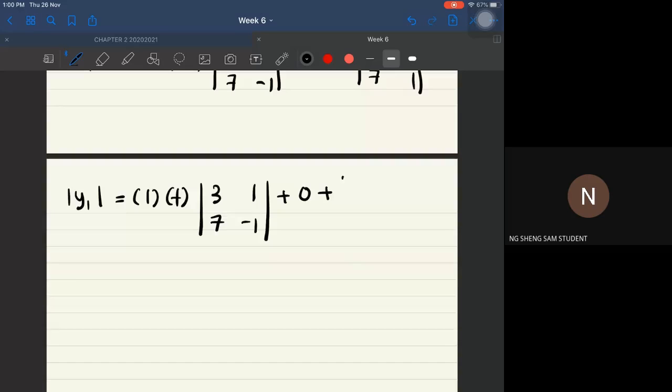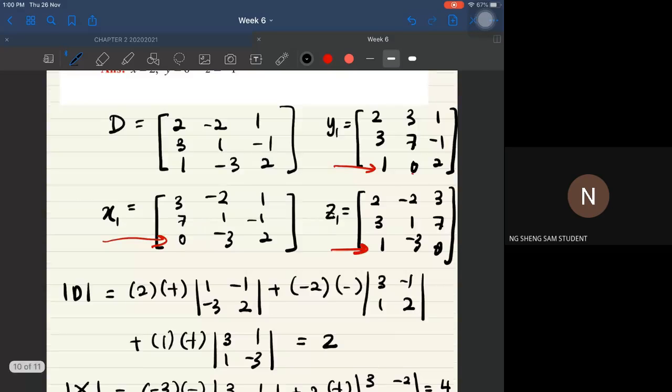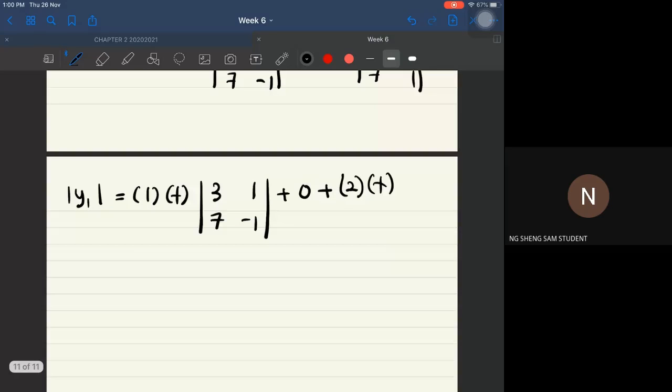Tak letak pun tak apalah. Plus 3, so the next value is 2 plus. Okay. 2 kan. So cancel row 3, column 3. So I will have 2, 3, 3, 7. So if you solve, you will get 0 here.